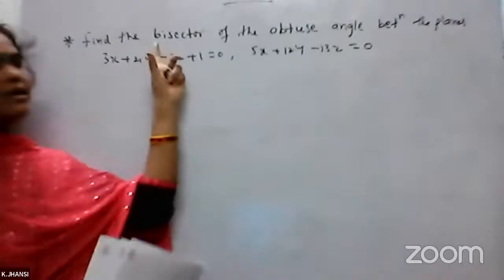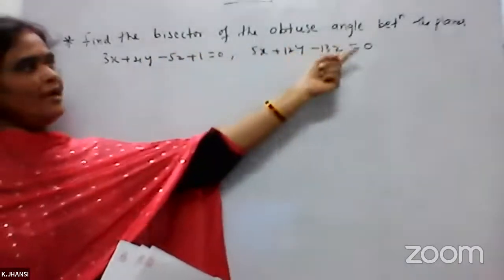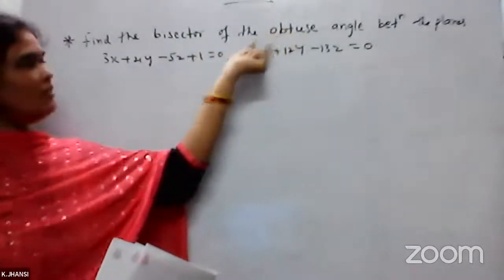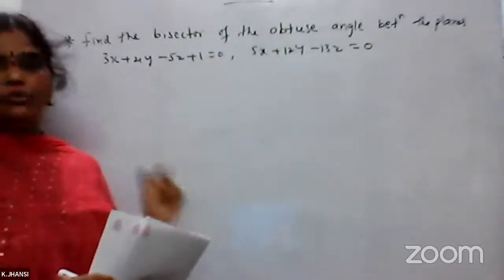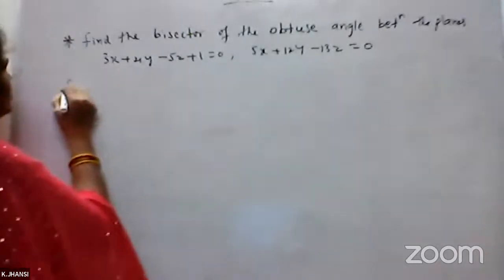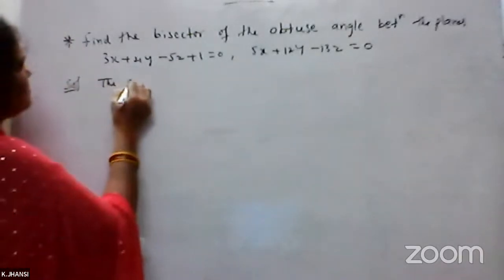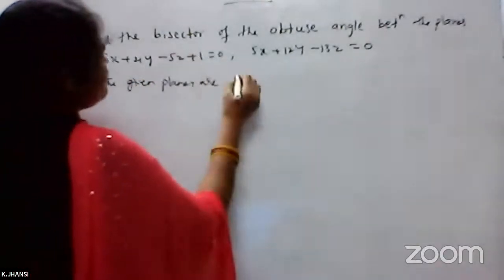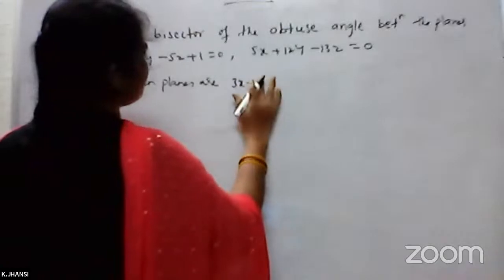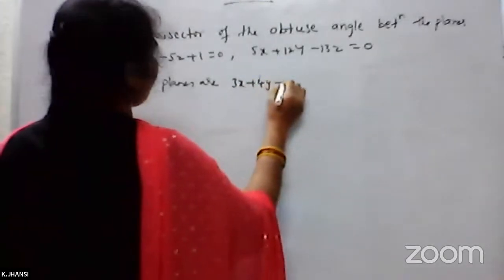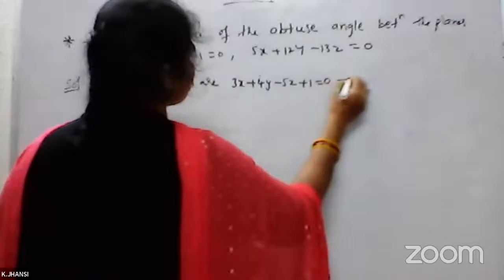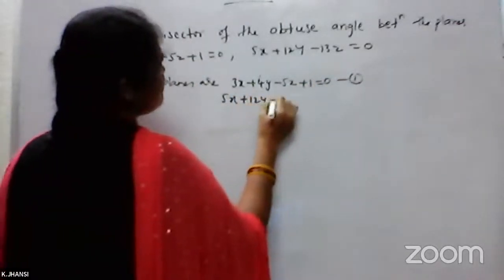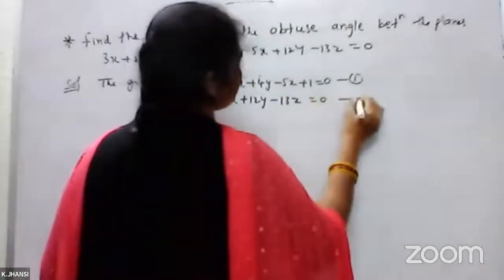It is: find the bisector of the obtuse angle between the planes. Okay, so it is mentioned in the question itself for which planes you are getting the obtuse angle. So in the solution you write the given planes are: the first one, put it as equation 1, 3x plus 4y minus 5z plus 1 equals 0, and the next one is 5x plus 12y minus 13z equals 0.